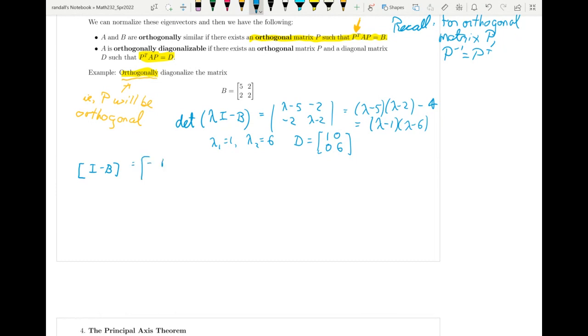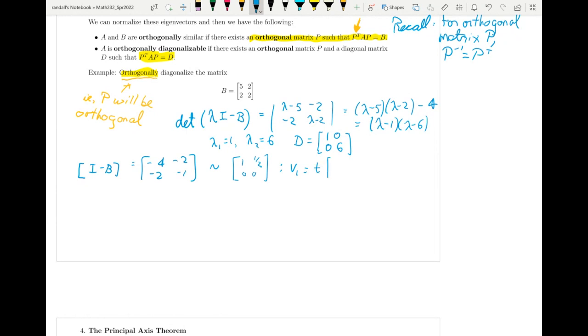Okay, so it's this matrix minus 4 minus 2 minus 2 and then minus 1, and we will reduce that to this matrix 1 1 half 0 0, and from here I get V1. Let me do it in 2 steps so you don't get confused.